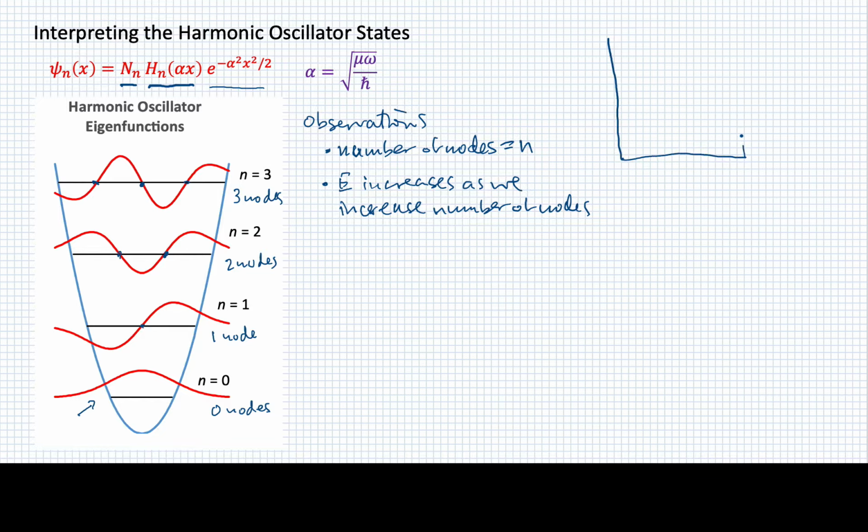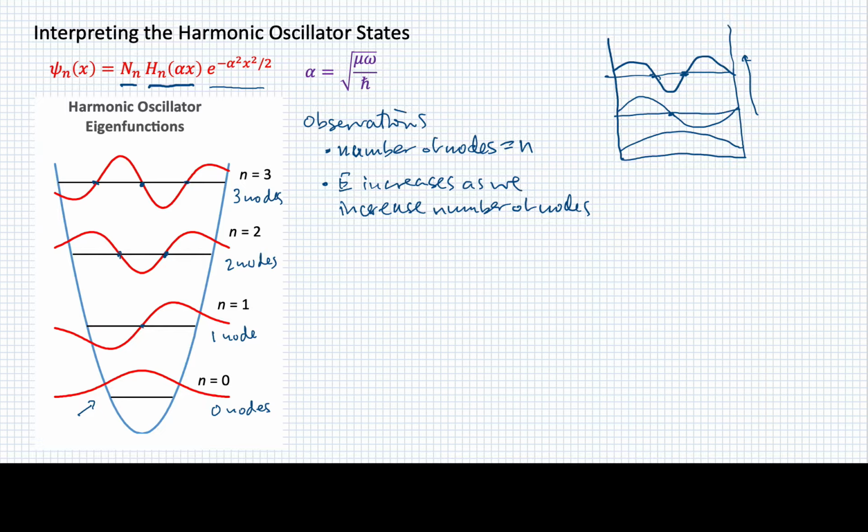If we drew the first few eigenfunctions of the particle in a box, the lowest eigenfunction had no nodes. The n equals 2 eigenstate had 1 node here in the middle. The next one had 2 nodes, here and here, and so forth. So as we went higher and higher in energy in the particle in a box, we also saw an increase in the number of nodes. This is also reflected in the harmonic oscillator, and we would find it's generally true of these one-dimensional systems.